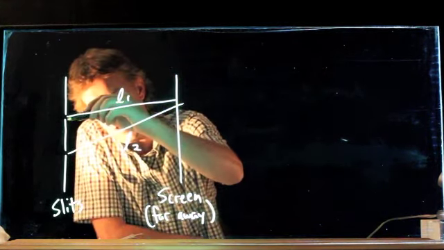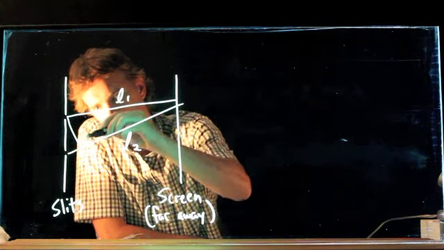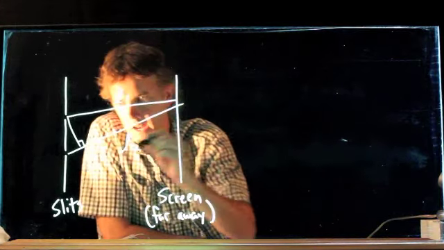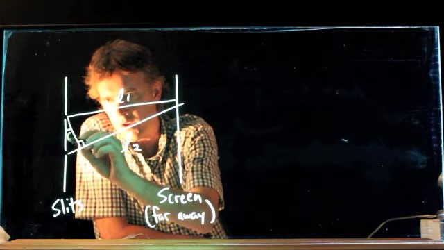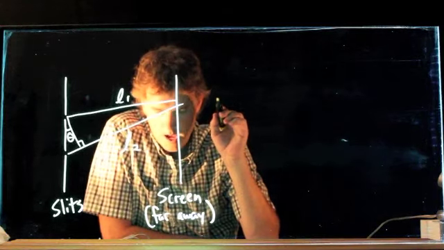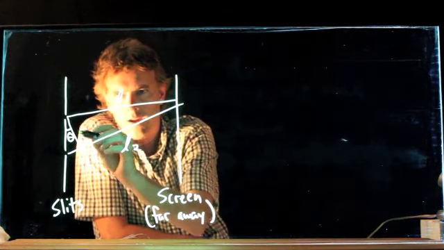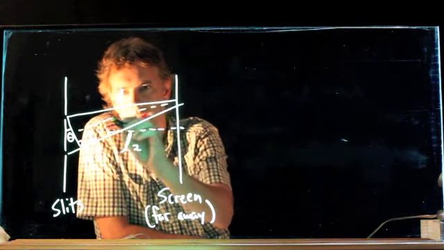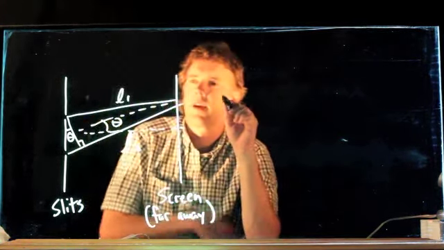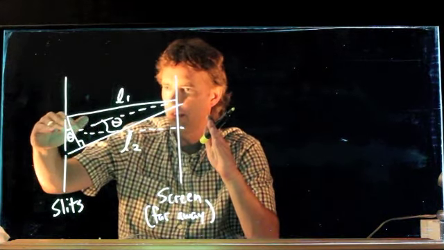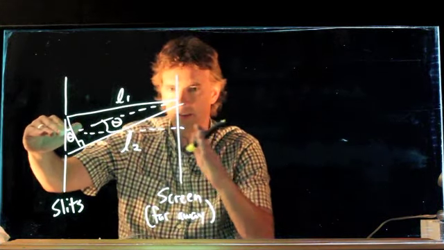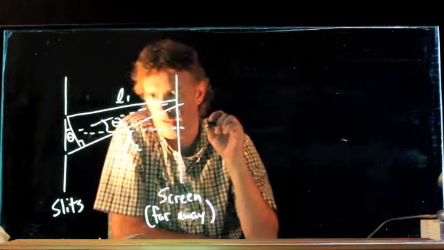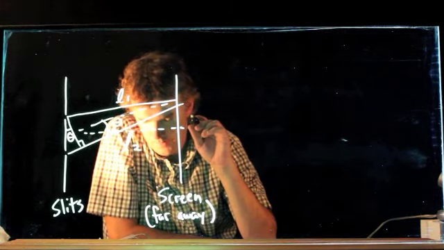If I draw a perpendicular to L2 from slit 1, then I can identify an angle here, theta. And that angle theta turns out to be about the same as this angle theta.